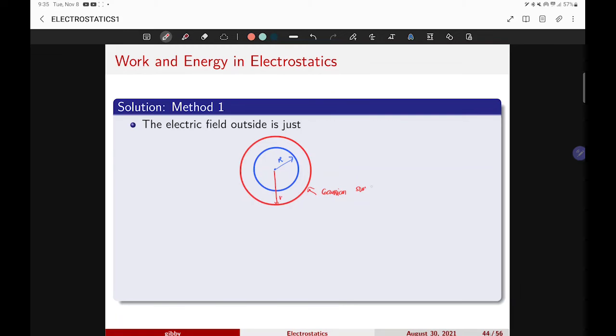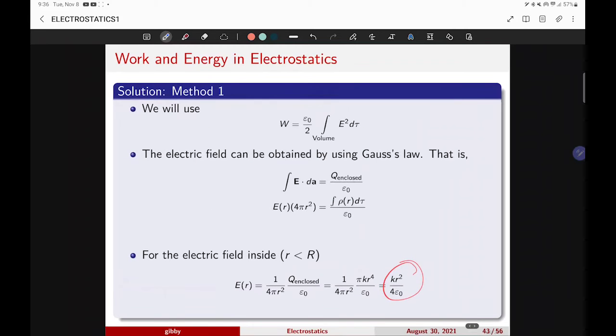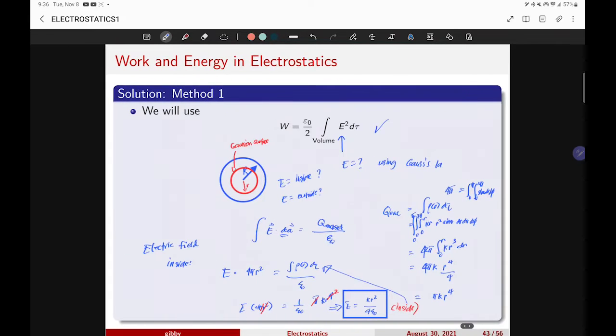Gaussian surface. So calculating the electric field using Gauss's law, it is again E times the area of your Gaussian surface, which is 4 pi r squared, equals Q enclosed over epsilon naught, where Q enclosed is just our earlier solution.